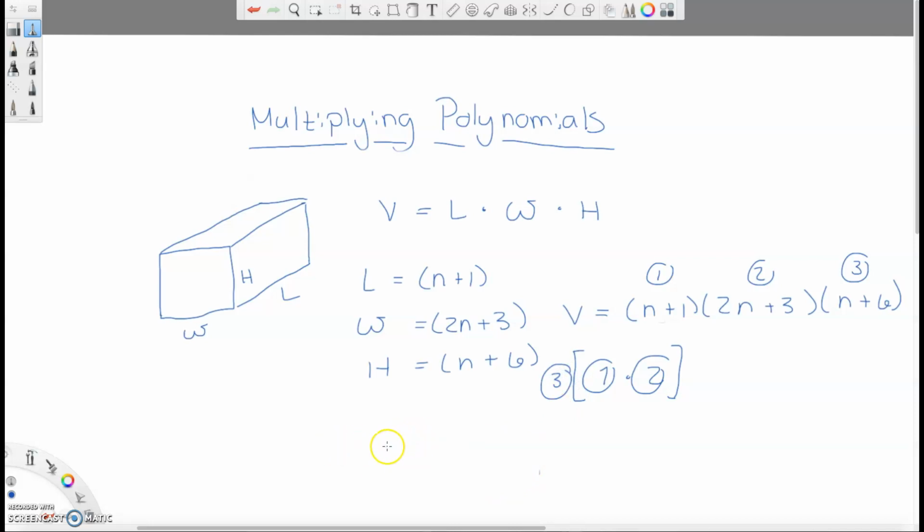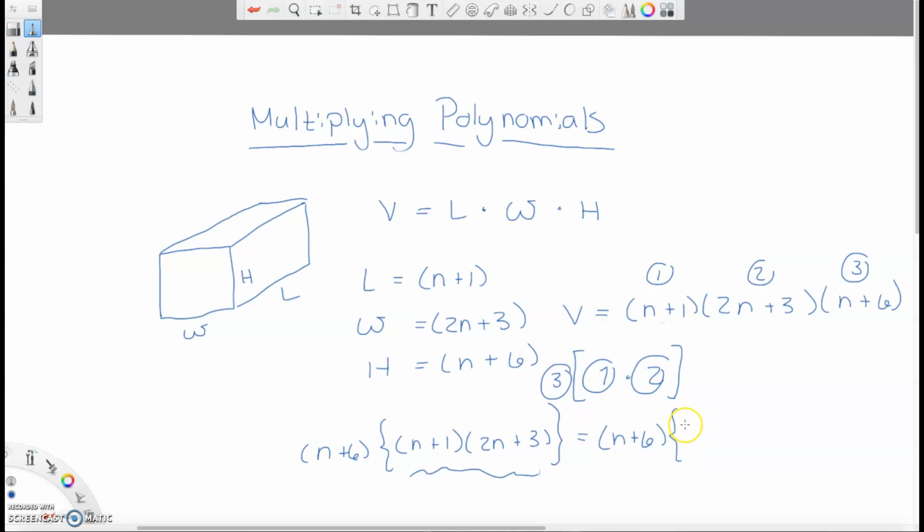So let's do this example. Let's multiply 1 by 2. We'll write this as n plus 6 times n plus 1 times 2n plus 3. First thing I'm going to do is solve this part here, and then I'm going to multiply the n plus 6 by that. So we're going to set this equal to n plus 6. And now I'm going to do the inside.